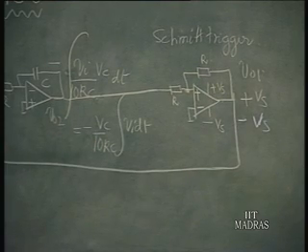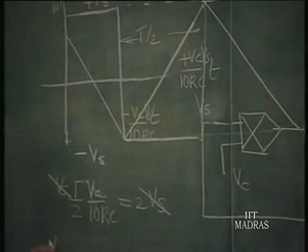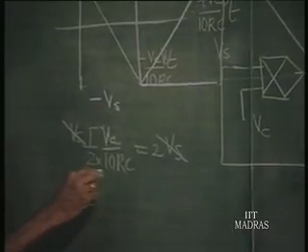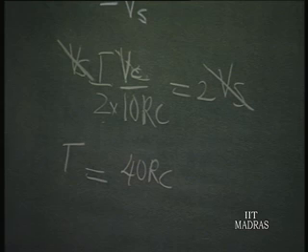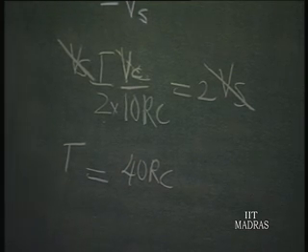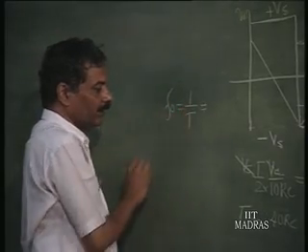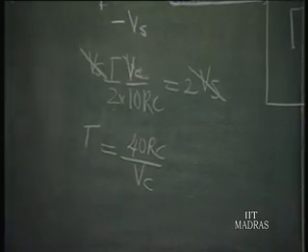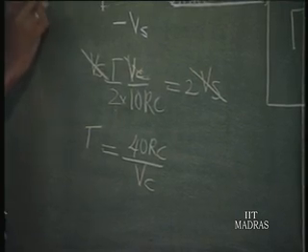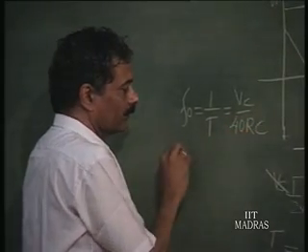So, this Vs gets cancelled with this Vs. So, T is equal to 40 RC by Vc, or F naught is equal to 1 over T. 1 over T is Vc by 40 RC.